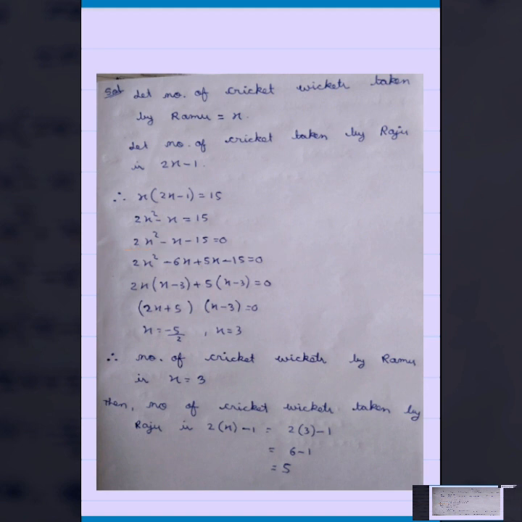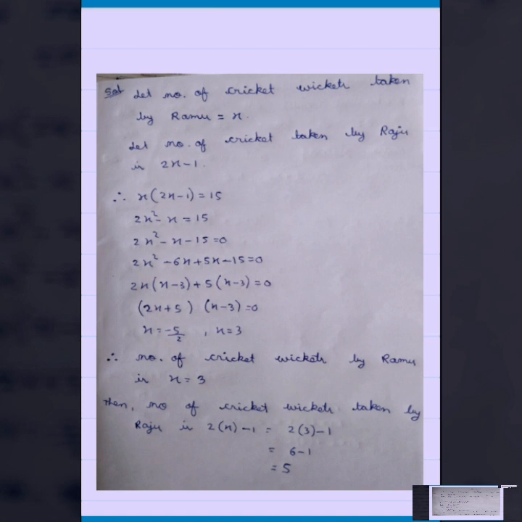Taking factorization, we get 2x square minus 6x plus 5x minus 15 equal to 0. Taking 2x as common, 2x into (x minus 3), and taking plus 5 as common, plus 5 into (x minus 3) equal to 0. So taking (x minus 3) as common, we get (2x plus 5) into (x minus 3). So we got the values of x, that is x is equal to minus 5 by 2 and x is equal to 3, but we consider x is equal to 3.